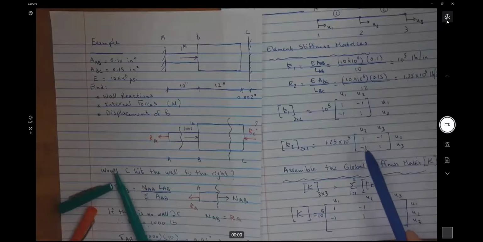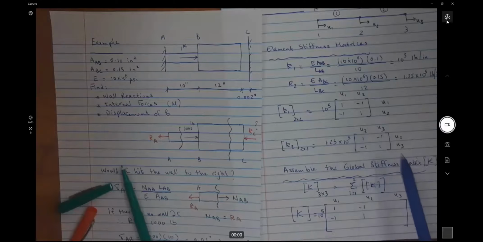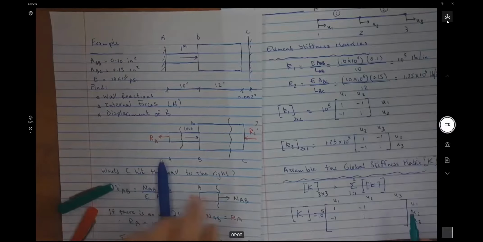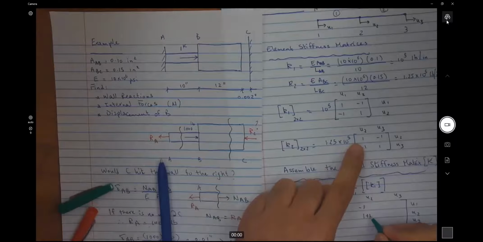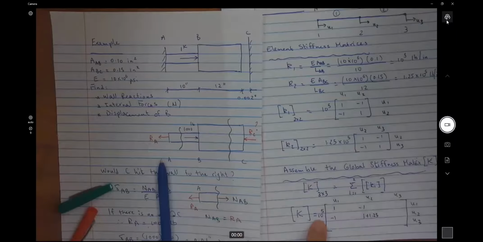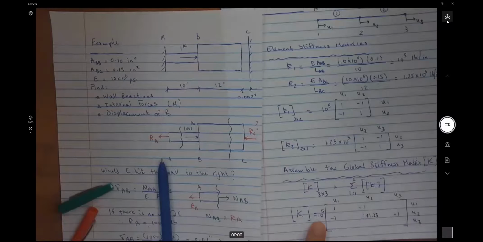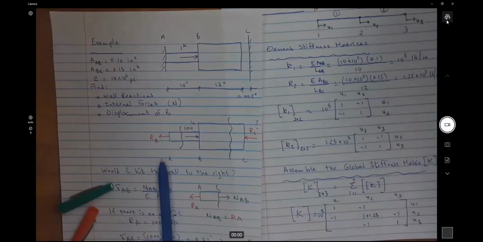Now, when I look at K2, it needs to go in the U2, U3 area. So I'm going to come here and put a plus 1.25 times 10 to the power 5, a minus 1, a minus 1, and the 1. Everywhere else that I don't have an entry, I'm simply going to put a 0.